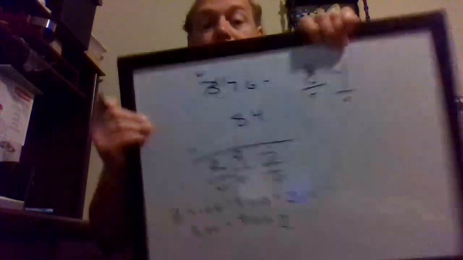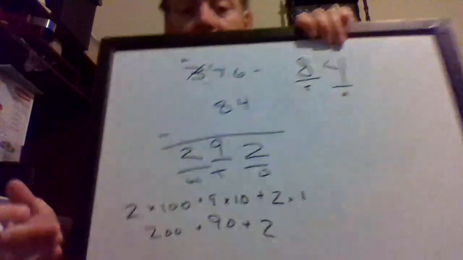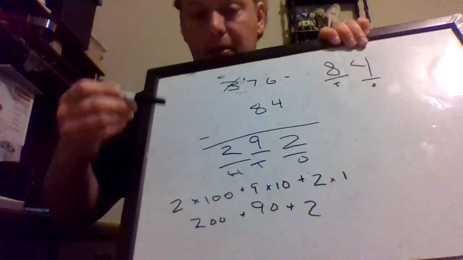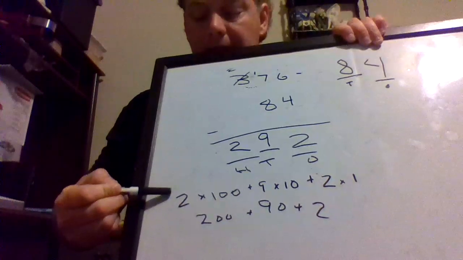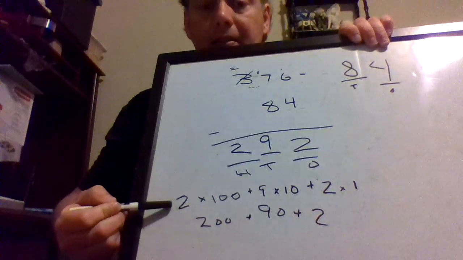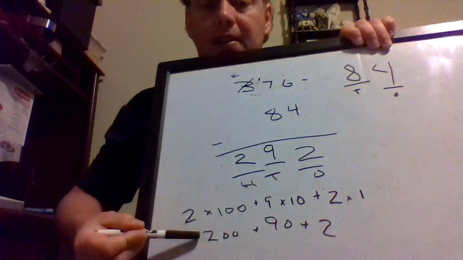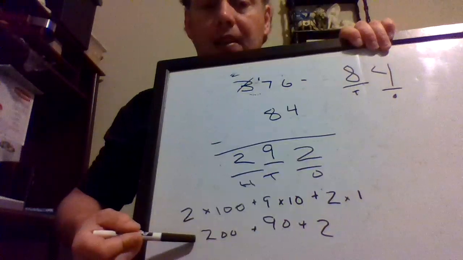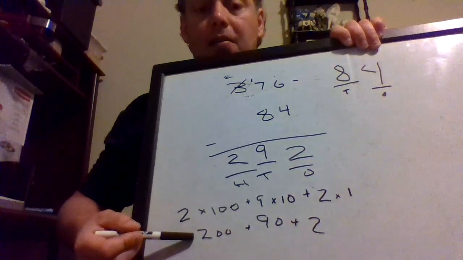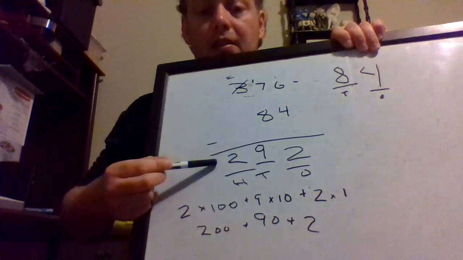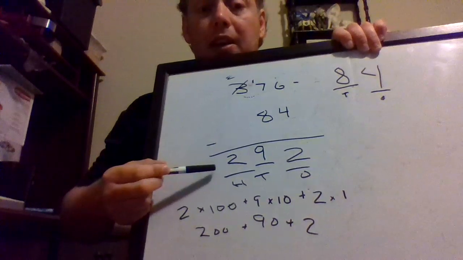And 2 groups of 1 is 2. So, as you can see, we have this written in expanded and standard notation. This would be expanded, and this is standard. And then if we add the expanded, we get the number that we started with, which is right here.